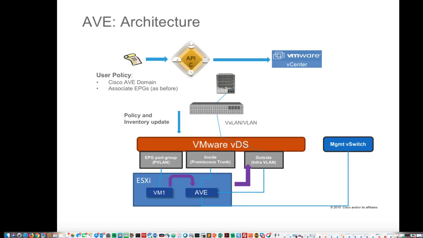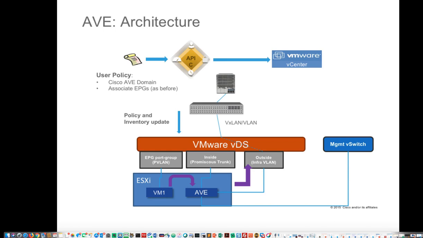The APIC still talks to the VMware vCenter, and the VMware DVS is spun up, and on that DVS you have the AVE, which is the VM running on top of that with two interfaces, an outside interface and an inside interface, and a third interface which is used for management. So you could SSH to the switch and do your regular maintenance on the AVE, which of course is very important also.